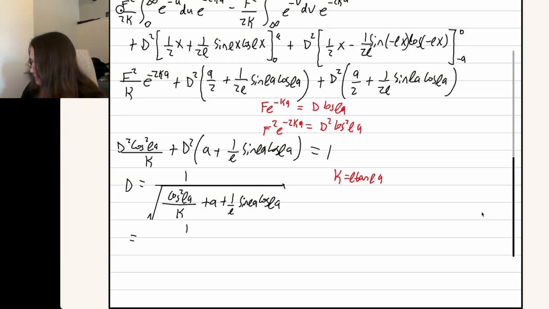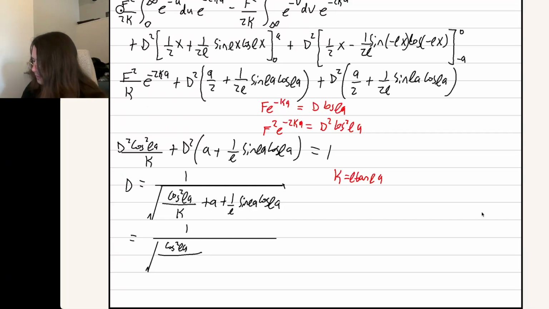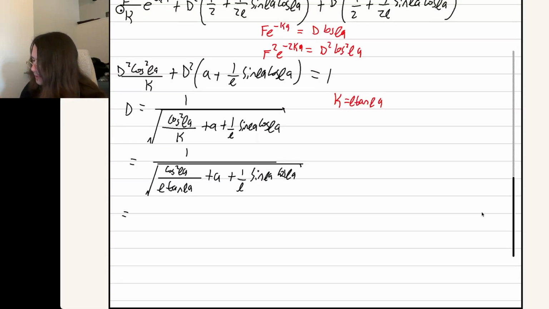And that's just going to make this into the square root of cosine squared La over L tan La plus a plus 1 over L sine La cosine La. And to simplify this, I'm going to multiply everything in the fraction by just L tangent La.